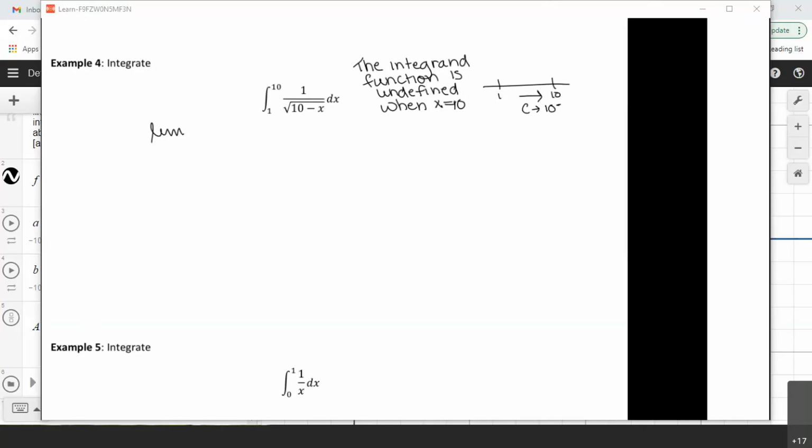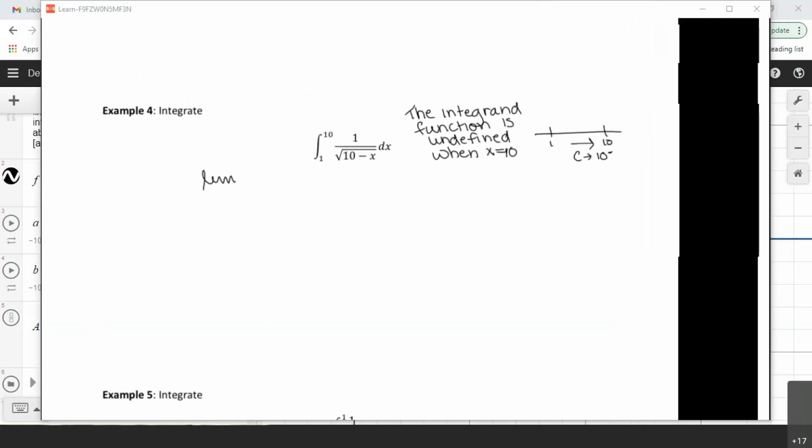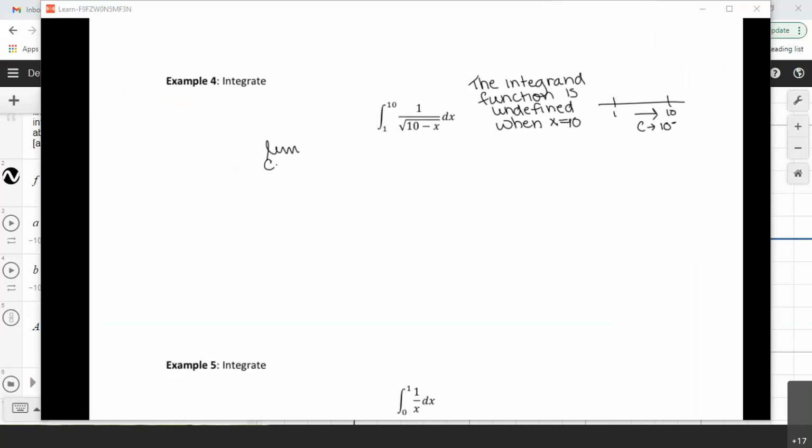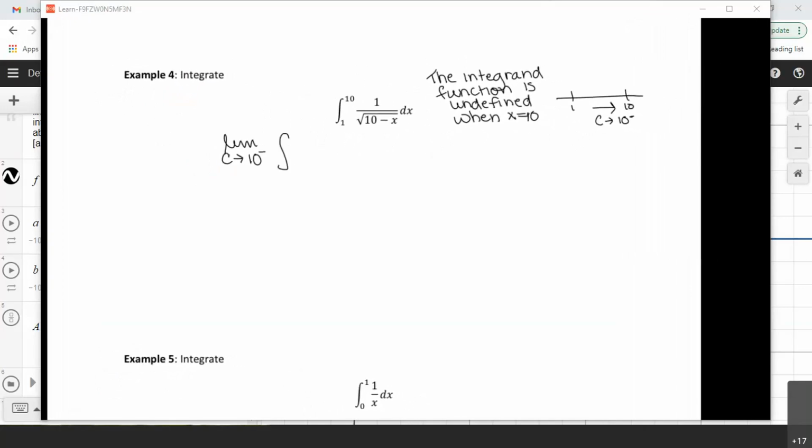Okay, everybody see why it's a left-handed limit? So I'm taking the limit as c approaches 10 from the left, of the integral from 1 to c. I can rewrite this a little bit to make it easier: 10 minus x to the negative 1/2 dx.